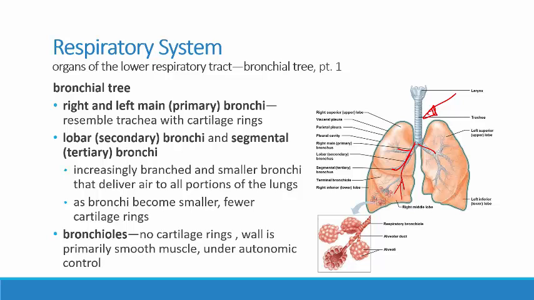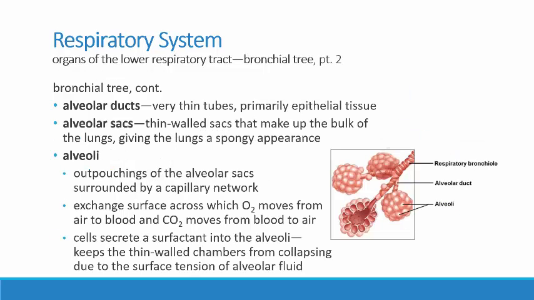So the bronchioles continue to divide until we get down to the alveolar ducts. Respiratory bronchioles are smaller bronchioles. They have fewer smooth muscle cells wrapping around them, down to the alveolar ducts, which are very thin, very small, and have relatively few muscle cells wrapped around them.